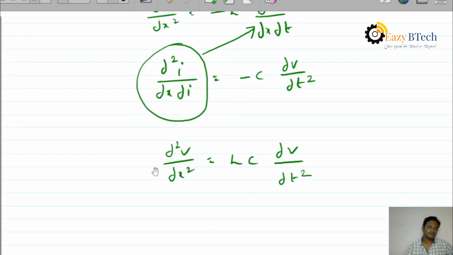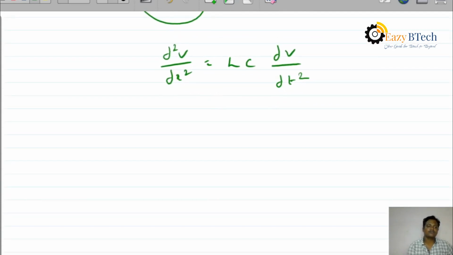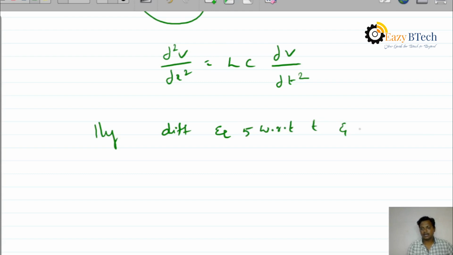Similarly, differentiate equation 5 with respect to t and equation 6 with respect to x. What do you get?